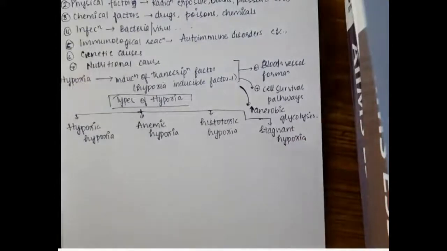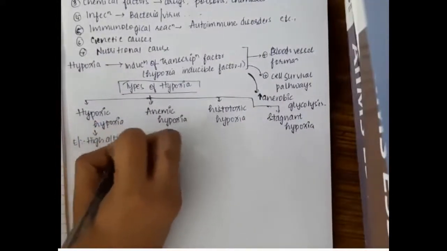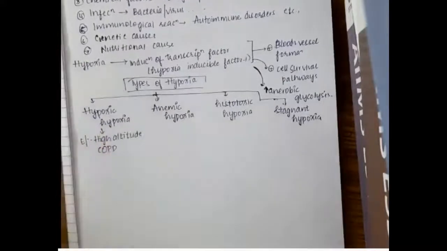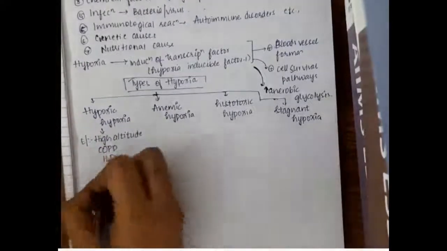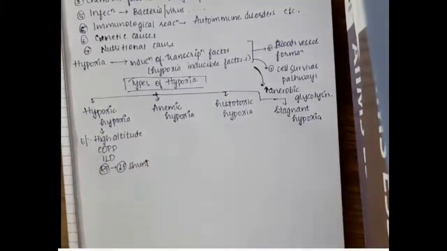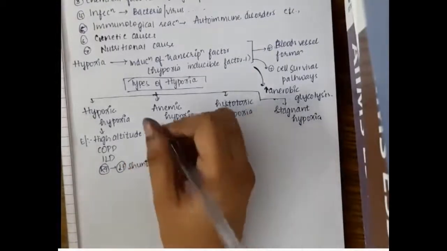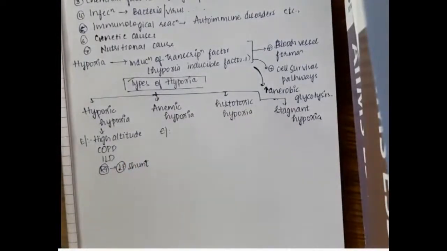First, hypoxic hypoxia. Hypoxic hypoxia occurs in high altitude, chronic obstructive pulmonary disease, interstitial lung disease and right to left shunts. All these will result in hypoxic hypoxia because the oxygen is not reaching the blood.